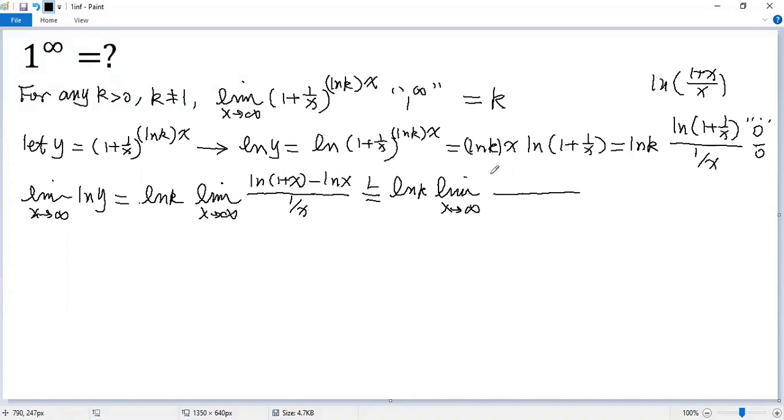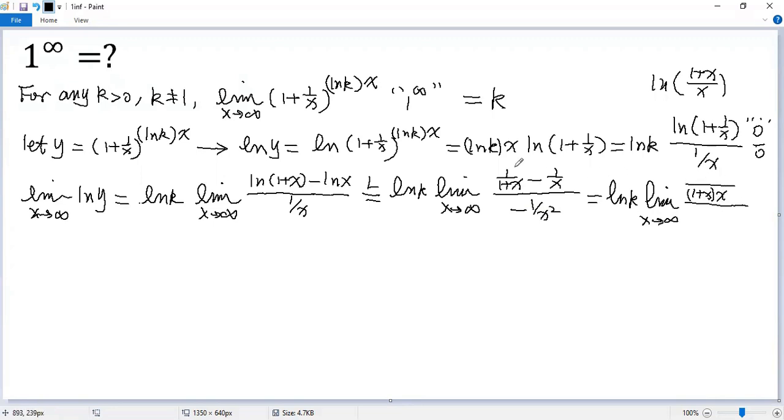So ln k times the limit as x approaches infinity. The derivative of the first term equals 1 over 1 plus x. The derivative of the second term, 1 over x. The derivative of the bottom equals negative 1 over x squared. So we get ln k and then the limit as x approaches infinity. We can combine the top. So it is (1 plus x) times x on the bottom.